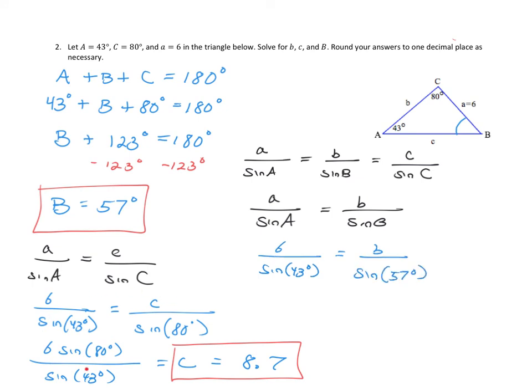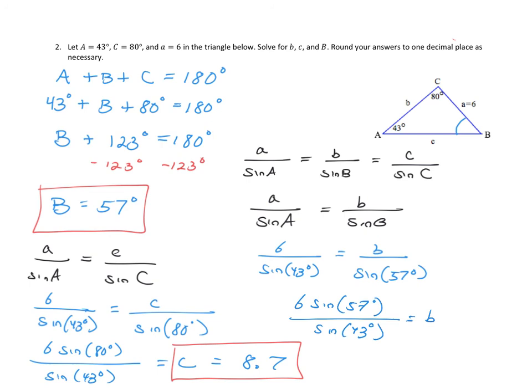And just like the process down here, I'm going to take sine of 57, multiply it to this side, type this into my calculator, and solve for B. So B is equal to 6 times sine of 57 all over sine of 43. Okay, let's see. 6 sine of 57, sine of 43.